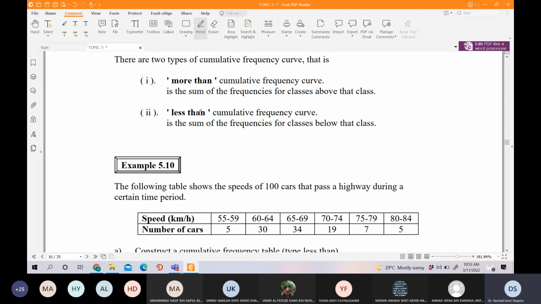What is the difference between the more than and less than cumulative frequency curves? Apa beza antara dua ni? Types of cumulative frequency.